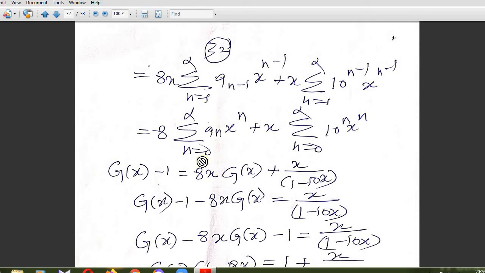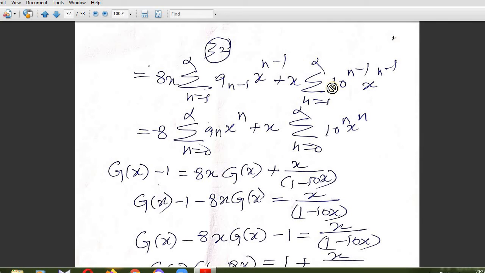Inside the bracket, the first term is a naught x power 0 plus a1 x power 1, like that. So that is exactly equal to this expansion. Expand this and you will see that it is exactly equal to this expansion.